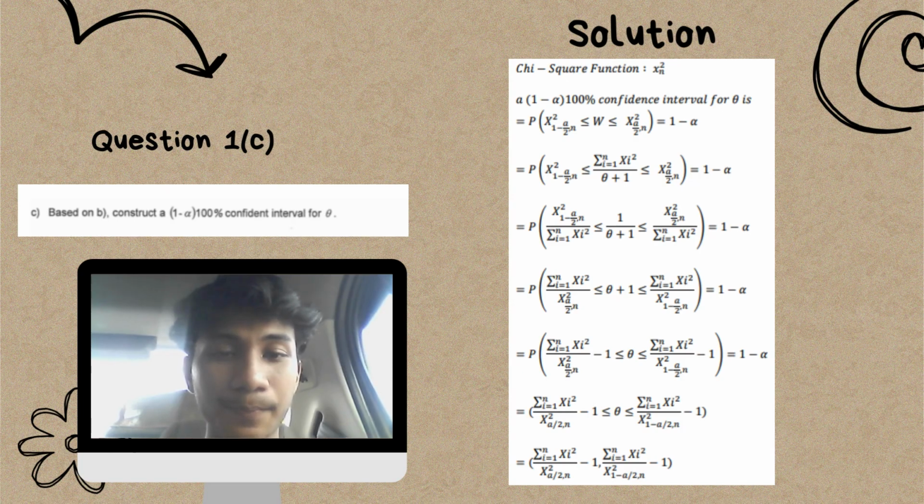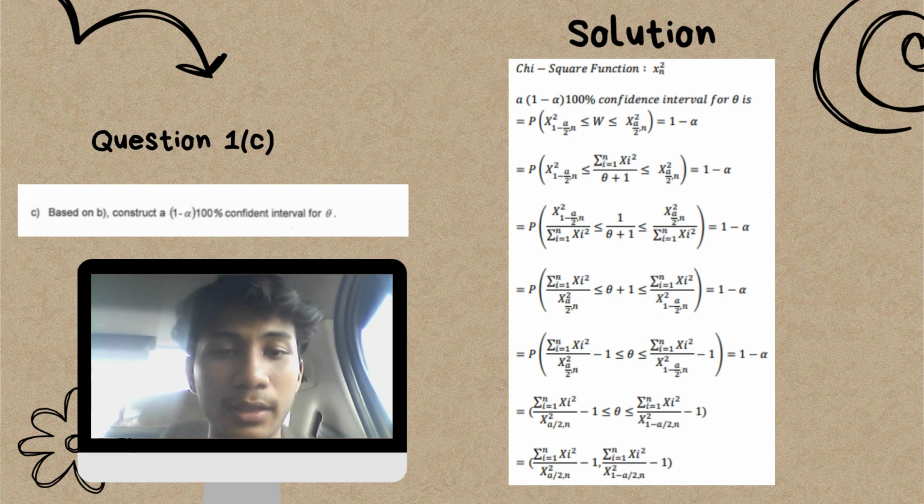So we will get the probability of summation x squared i over chi-square alpha over 2, n less than theta plus 1 less than the summation of x squared i over chi-square 1 minus alpha over 2, n.